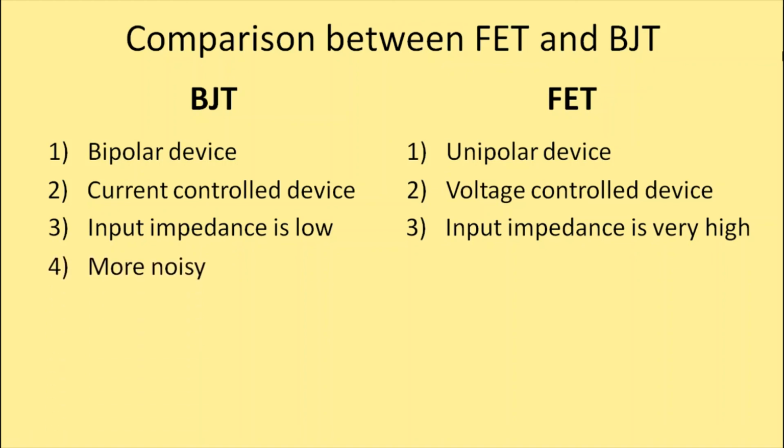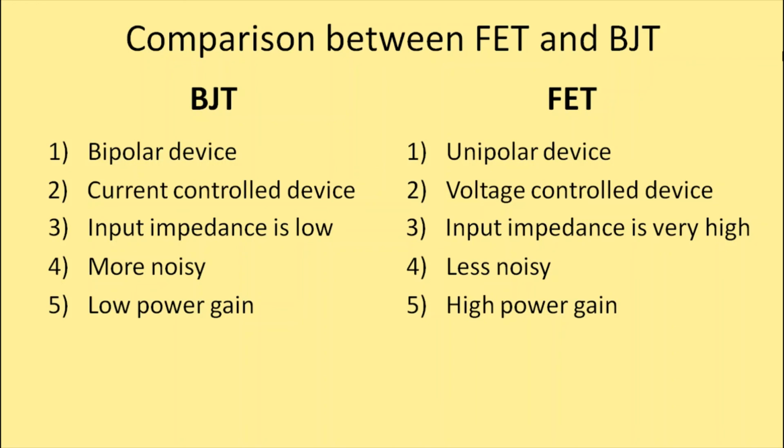Since in the operation of BJT, both electrons and holes participate, BJT is quite a noisy device as compared to FET. The noise produced in FET is very less since it is a unipolar device. The next difference is in the power gain. BJT is a low power gain device whereas FET is a high power gain device.